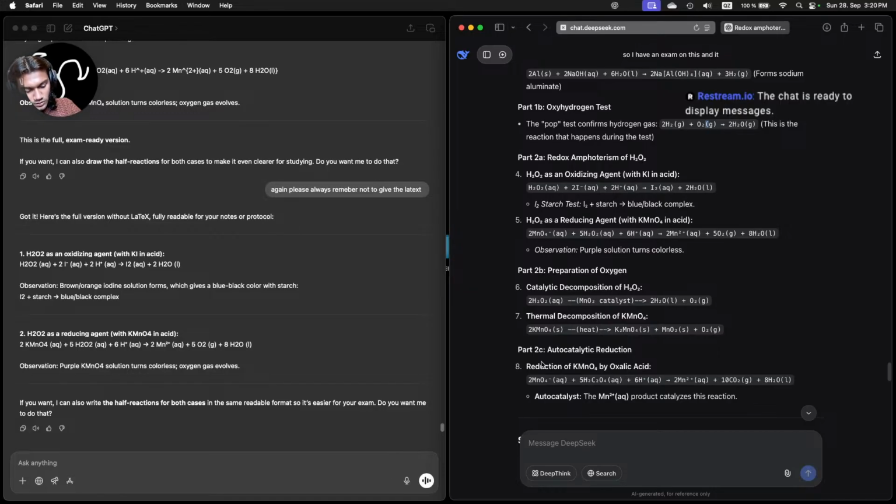Thermal decomposition of potassium permanganate: K2MnO4 plus MnO2, O2 gas.